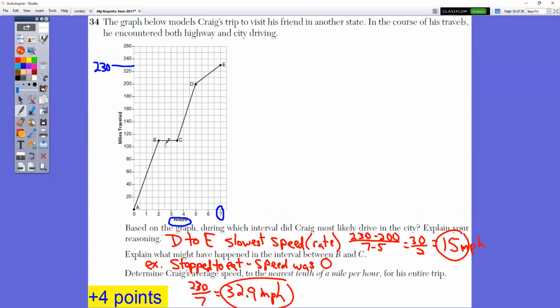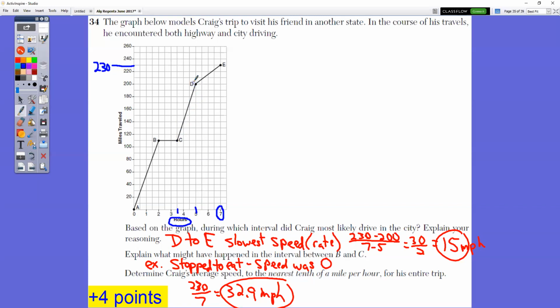So it's not A to B. Did he drive in the city from B to C? No, he's not covering any distance. So he wasn't driving in the city if he's not covering any distance. How about C to D? In C to D, he's going from 3.5 to 5 hours. So he's going an hour and a half. And it looks like he's traveling 90 miles in an hour and a half.